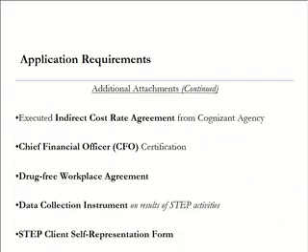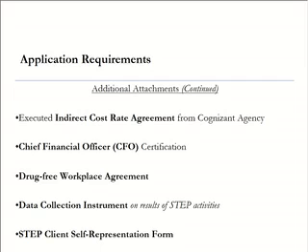Additional attachments continued. For proposals including indirect costs, your current executed indirect cost rate agreement from the cognizant agency must be submitted. A chief financial officer certification or equivalent thereof is required.